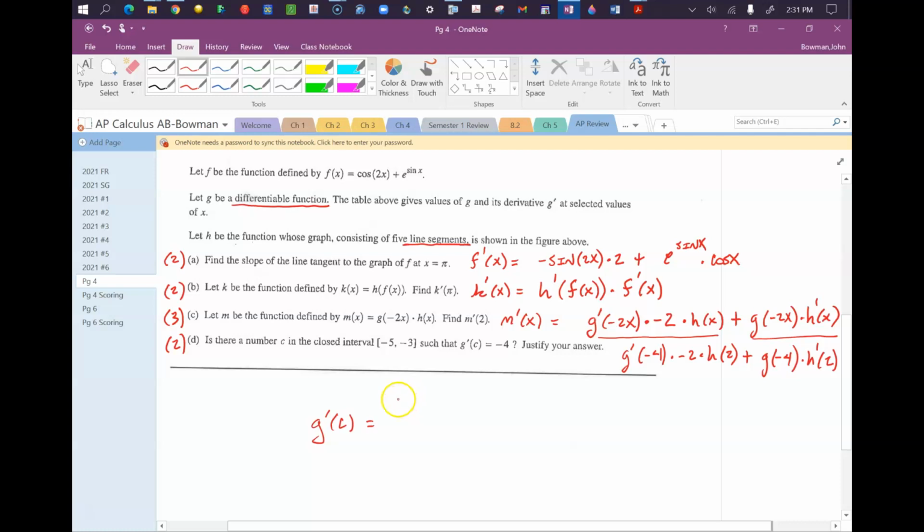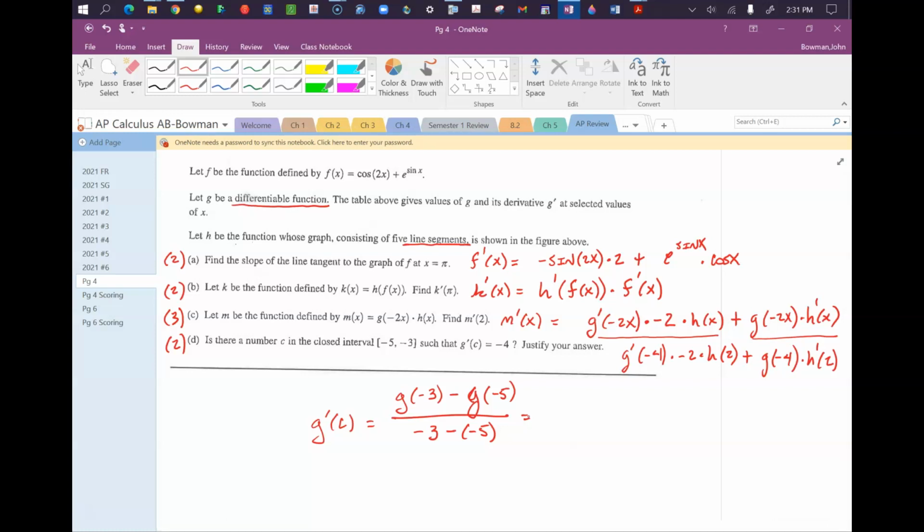So we need to evaluate g of negative 3 minus g of negative 5 over negative 3 minus negative 5. So basically we're finding the slope of the secant line and figuring out what that is.